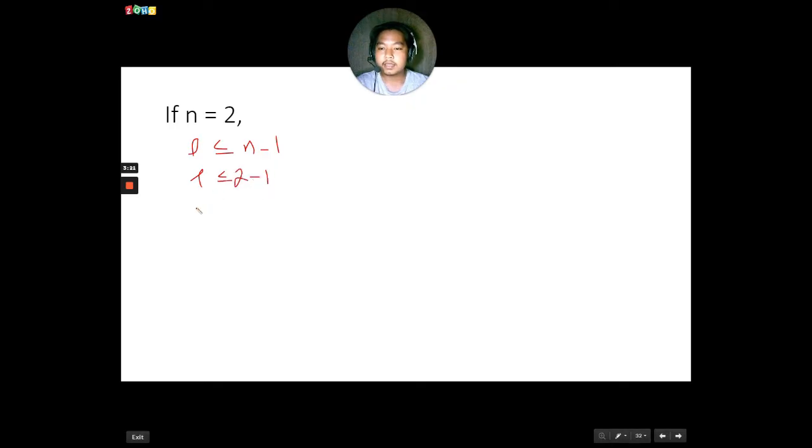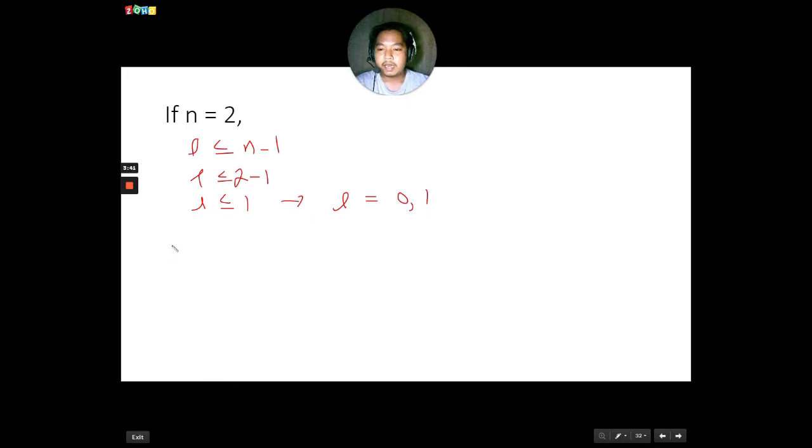Don't forget the less than or equal to 1, because it will give you 1. Students often make mistakes here because they don't break down the possibilities. L could possibly be 0 or 1.